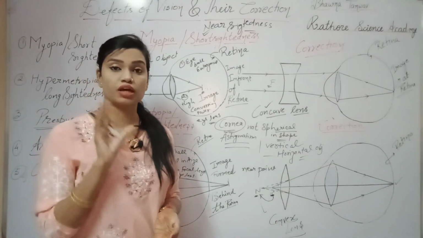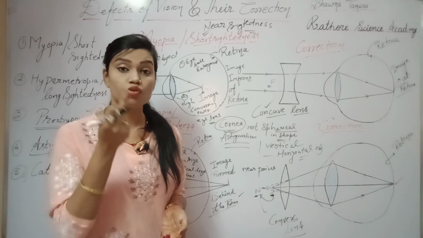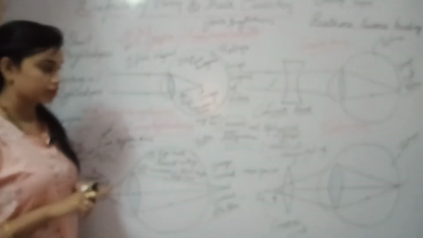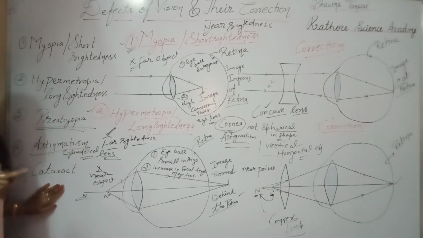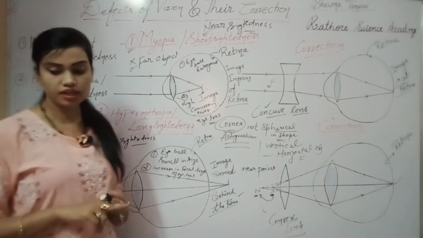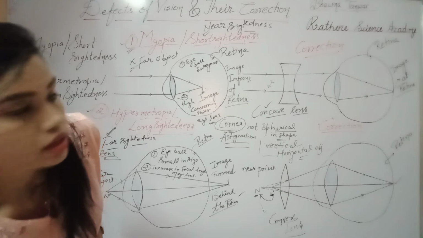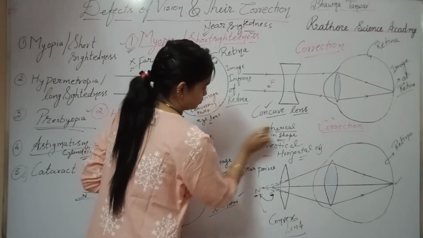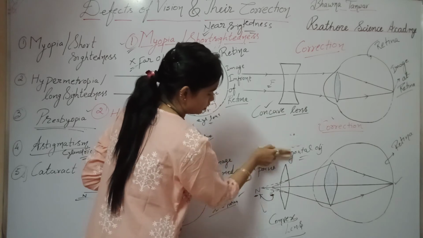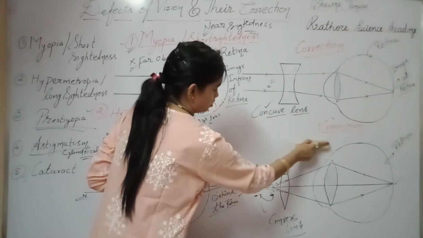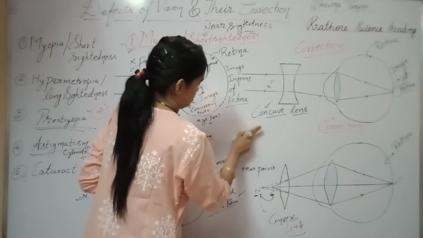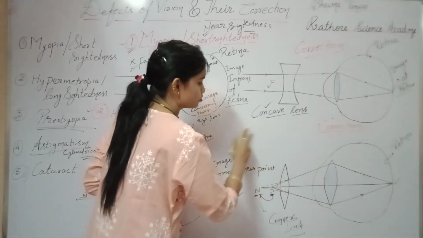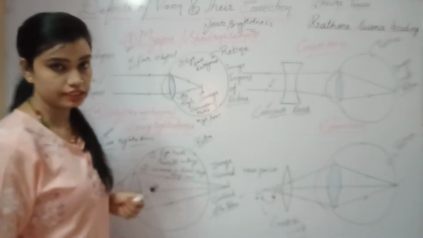In case of cataract, a cloud formation will occur on the eye lens, and due to that cloud formation, the person is not able to see properly.